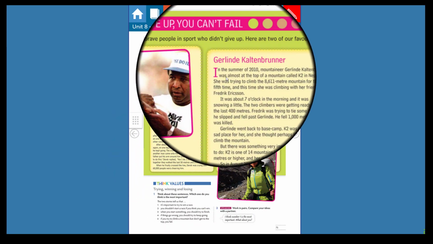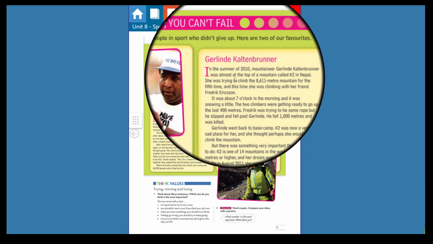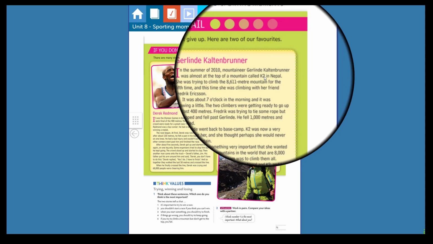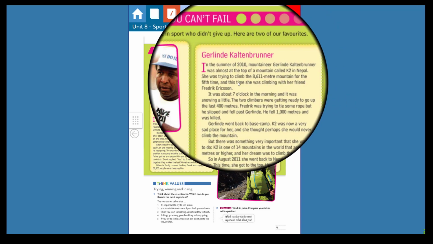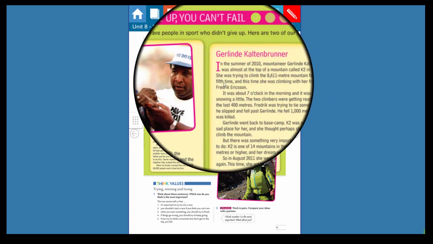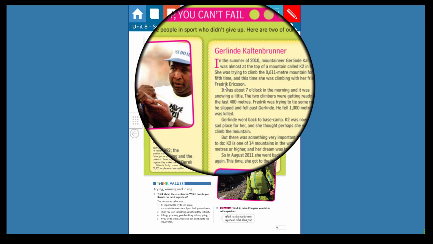In the summer of 2010, mountaineer Geraldine Kaltenbrunner was almost at the top of a mountain called K2 in Nepal. She was trying to climb the 8,611-meter mountain for the fifth time, and this time she was climbing with her friend Frederick Erickson.